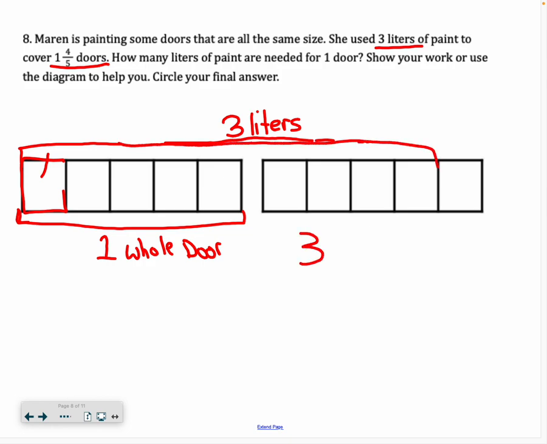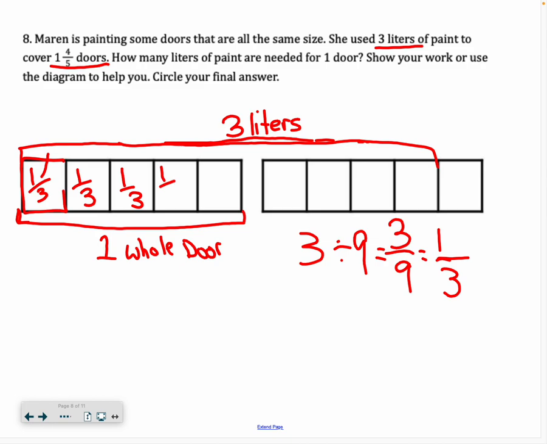Okay, so I'm splitting 3 liters by 9 different boxes. 3 divided by 9, that's your funky looking division problem. Write it as a fraction, 3/9, which reduces to 1/3. So that tells me that every box has the value of 1/3 of a liter of paint. So I'm going to put that in every box.